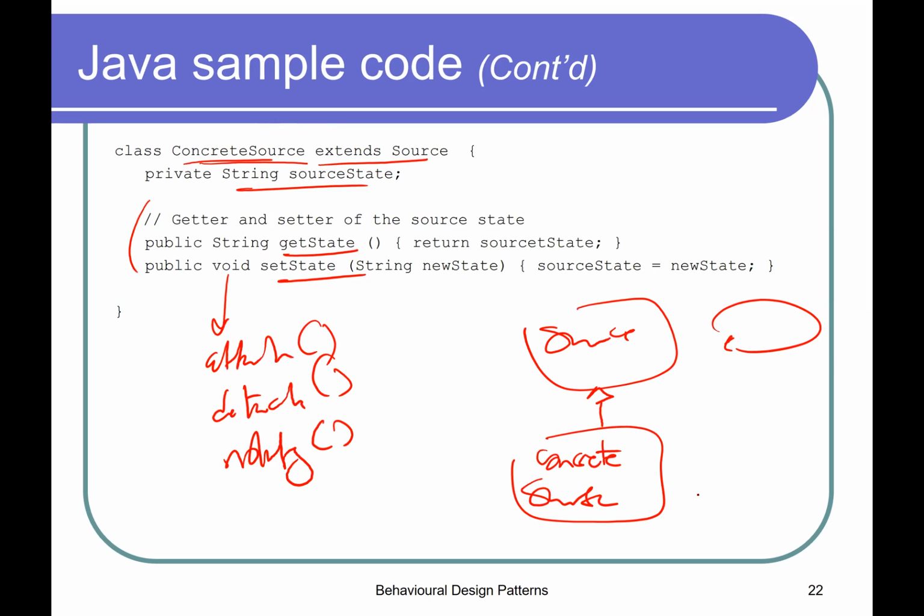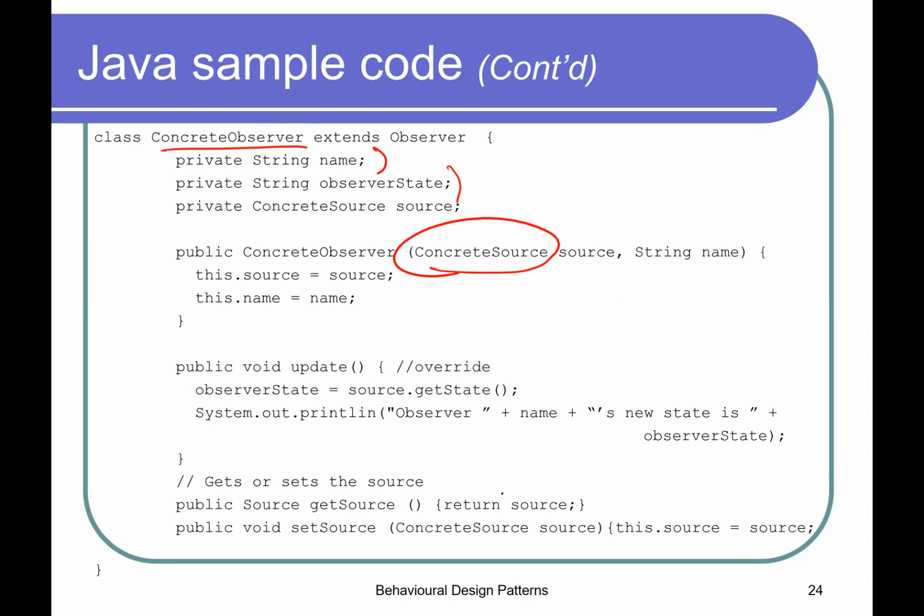If we go back over here, this is my concrete observer, and I'm getting a reference to the concrete object. Because what good does it do me if I tell this guy to go ahead and update, and then it can't actually get a hold of the source object? It needs to get a hold of the source object, and this is why this exists.